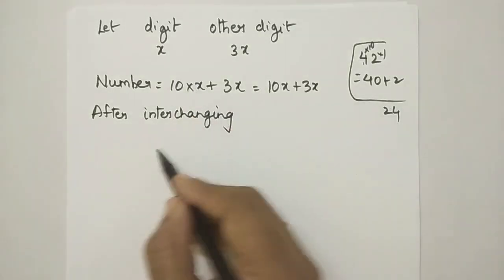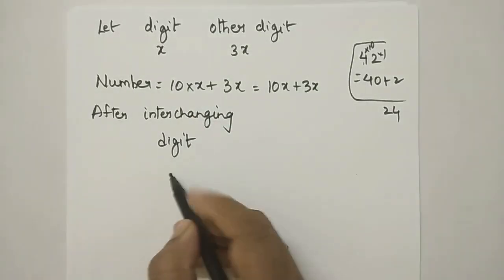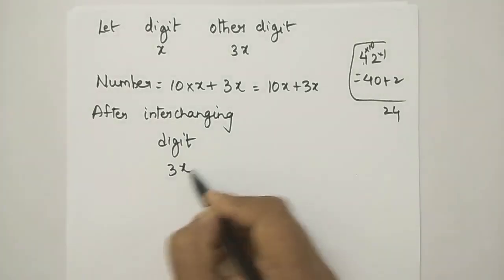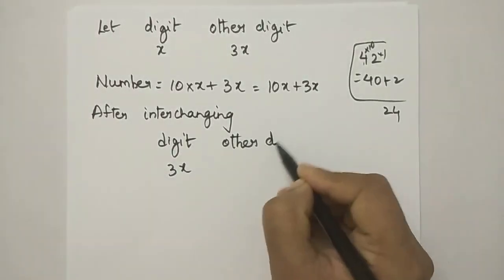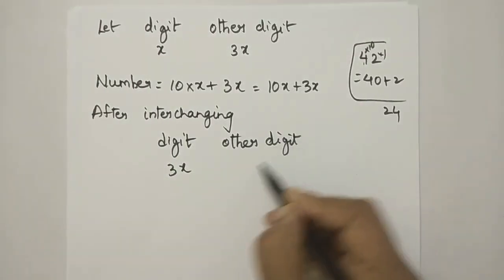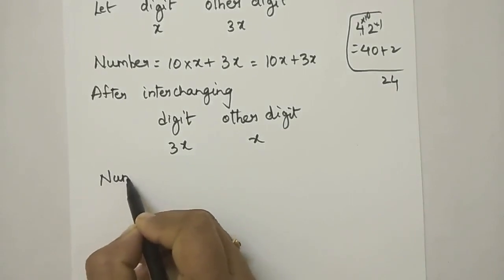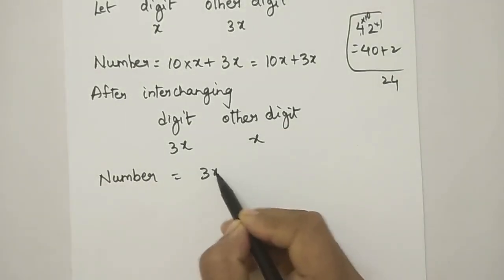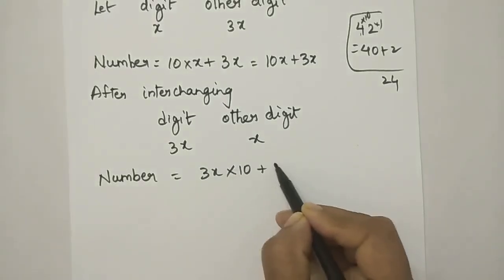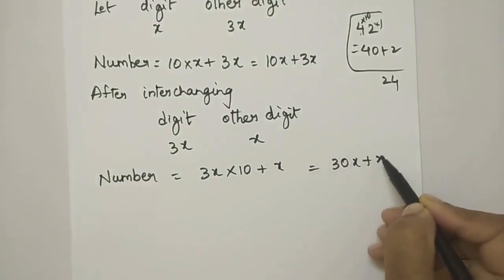Similarly, here after interchanging, the digit in tens place becomes 3x, and the other digit becomes x. So after interchanging, the number will be 3x into 10 plus x, is it not? So this is equal to 30x plus x.